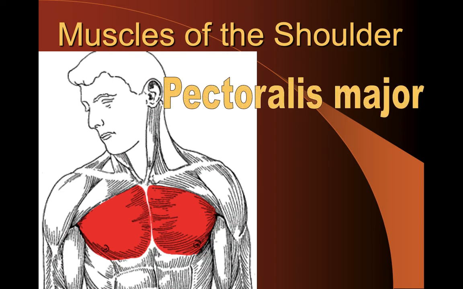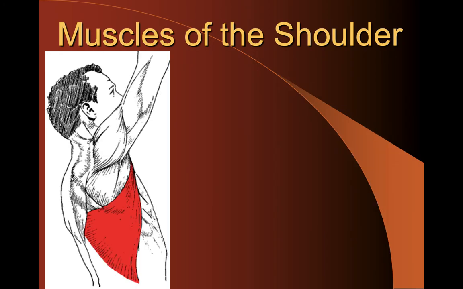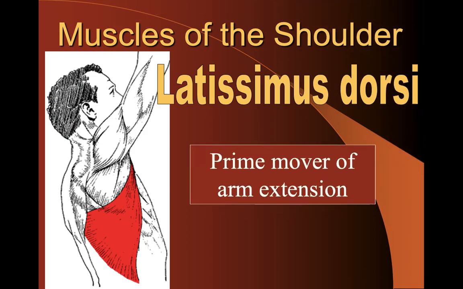Pectoralis major is the main muscle of your chest. It is the prime mover of arm flexion. Remember, that's when you put your arm straight out in front of you. On the back side of that is latissimus dorsi, also known as the lats.